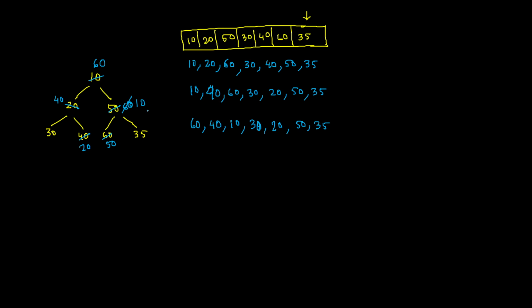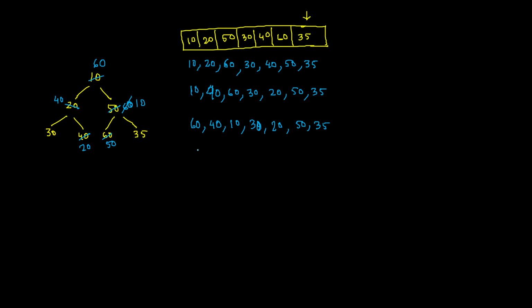So whichever child is greater should be swapped with this value 10. And ultimately what we will see? We will see that 50 is greater, so we'll have a swap between 50 and 10.